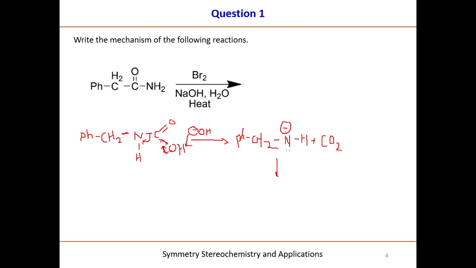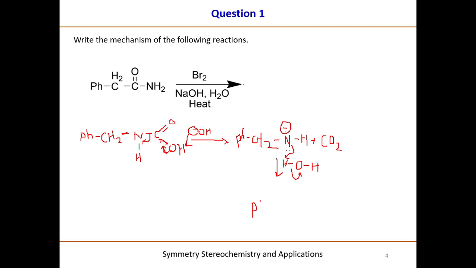Now in the next step, a water molecule is there. So it will protonate the nitrogen atom. So protonation will take place again. This is water. It will attack over here, and we will get amine formation.